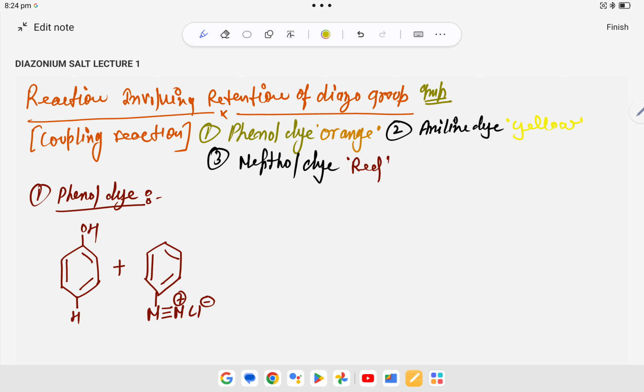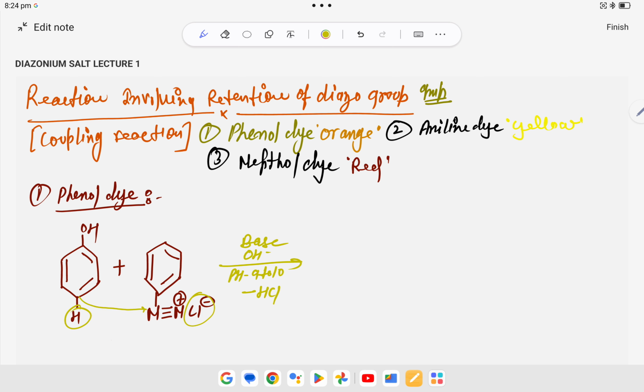In that case, this Cl minus, the medium is basic. In the presence of base, pH will be 9 to 10. So from here HCl will leave and coupling will be done.